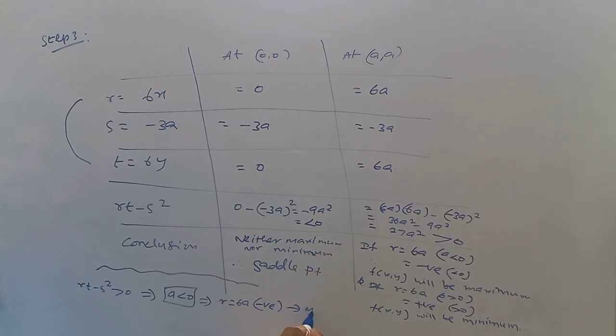So maximum. And rt minus s square greater than 0, a greater than 0 means r equal to 6a is positive. So minimum.